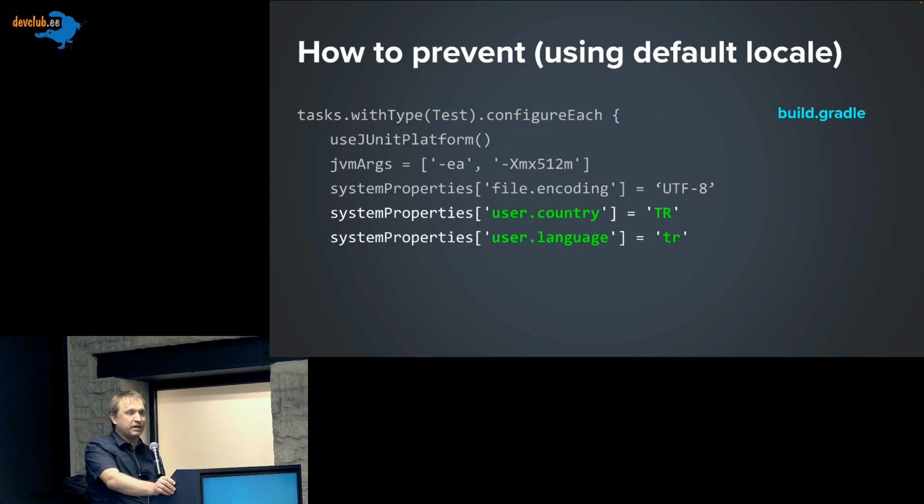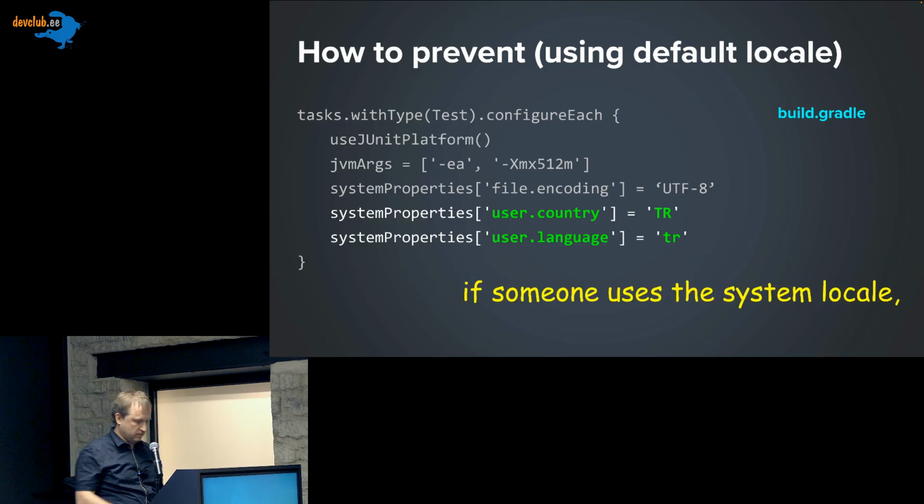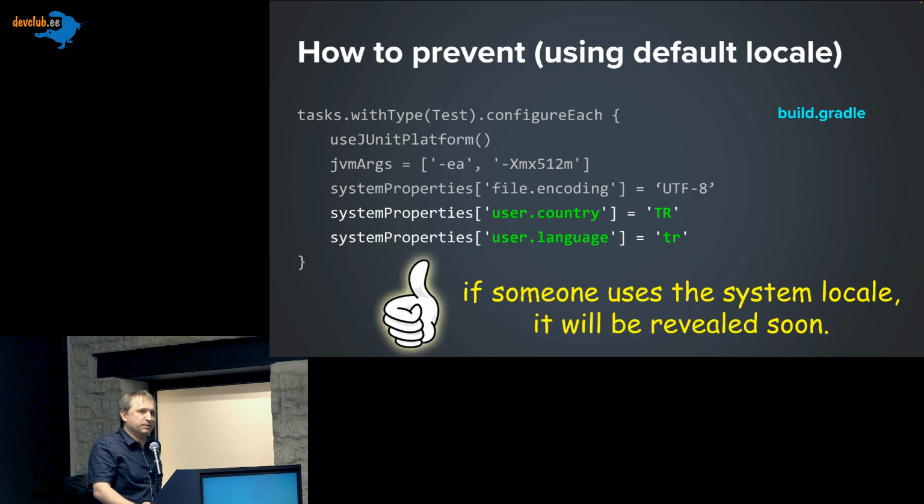And if someone occasionally uses the default locale or system locale, it will be revealed soon. This is one good trick. It might seem strange that when you open a project for an Estonian internet bank, you see Turkish in the Gradle build. It might sound strange, but it actually helps to reveal problems sooner.